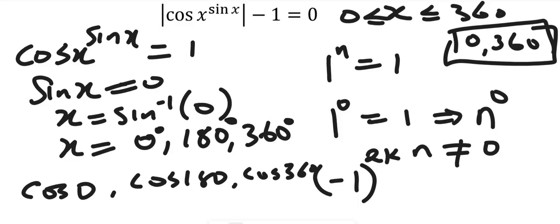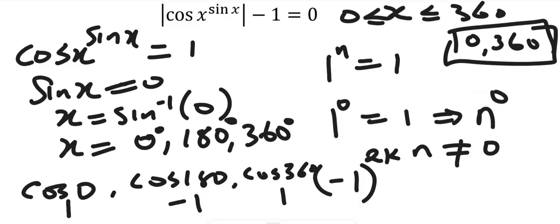Cos 0 is 1, cos 180 is minus 1 and cos 360 is 1. So all these three numbers satisfy this value of n. So far n is not equal to 0. So I've gotten another set of answers.